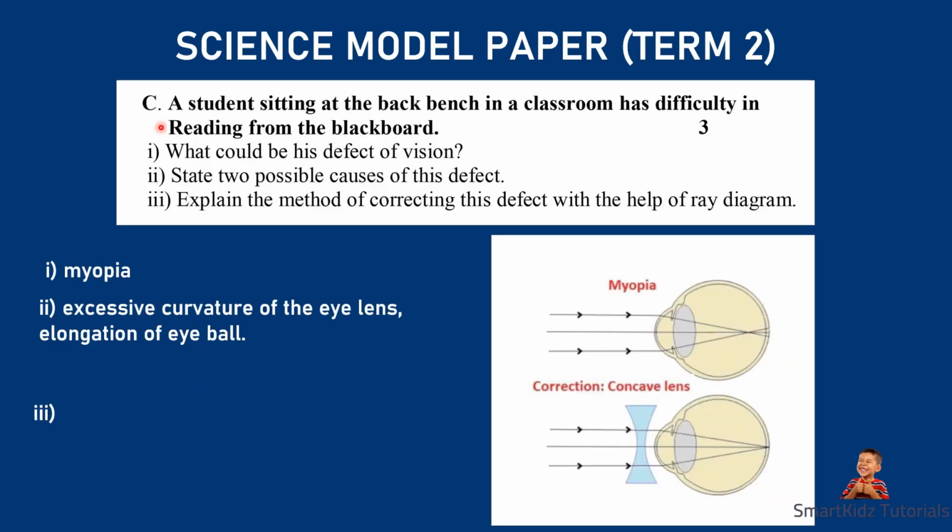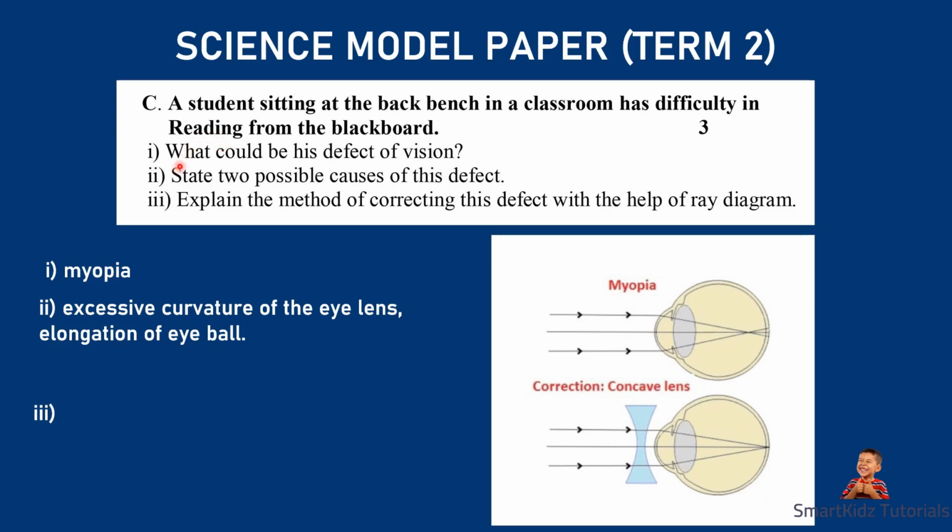Question 2C. A student sitting at the back bench in a classroom has difficulty reading from the blackboard. What could be his defect of vision? This is for 3 marks. Now there will be a choice here, and we'll look at the other choice as well. So this is the first choice.